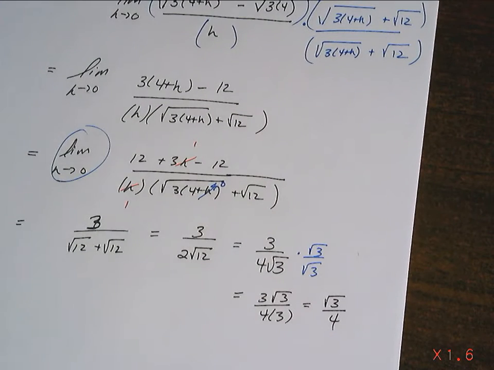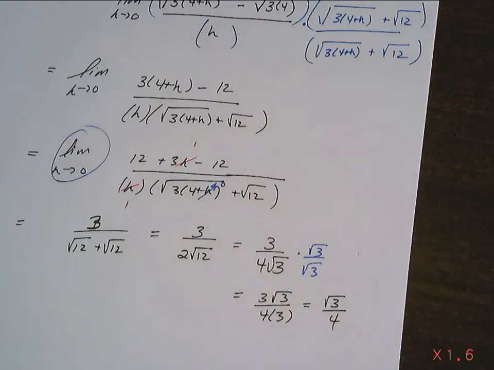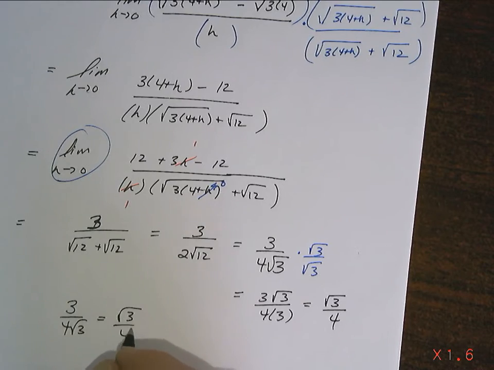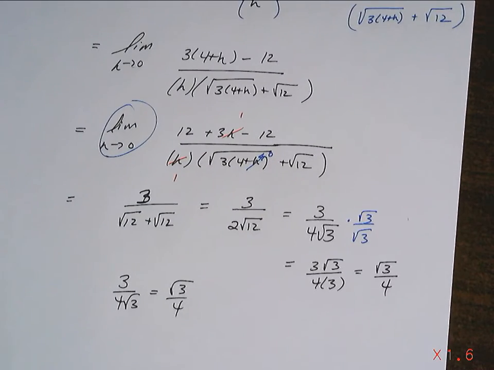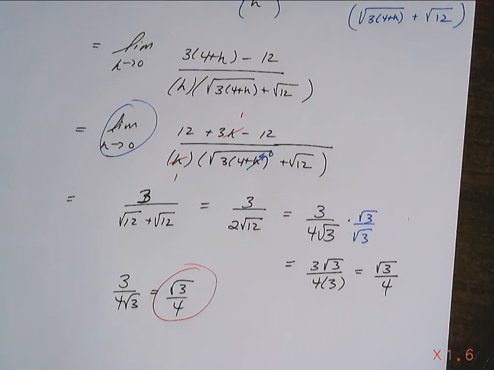That's the answer that you're going to get in the back of the book, and the answer most people in the world are going to give you. I would argue there's not a big difference between this and this. In fact, there's no numerical difference between the two. But that's going to be the form that we're aiming for if we want our answers to look like everyone else's answers.